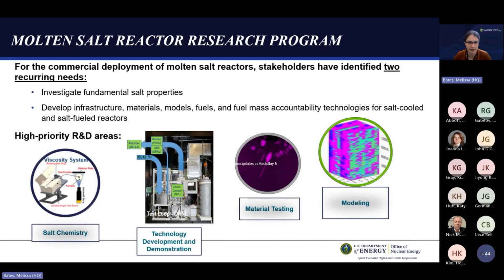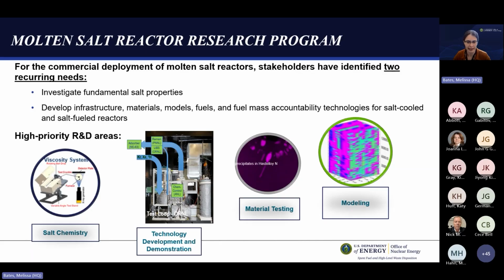Both of these types of reactors operate at high temperatures so that they can be used to produce process heat for industrial applications. In this campaign, they're focused on investigating fundamental salt properties and developing infrastructure, materials, models, fuels, and fuel mass accountability for these reactors.